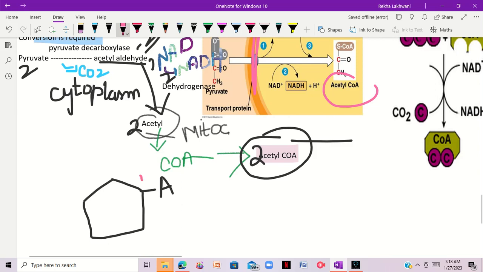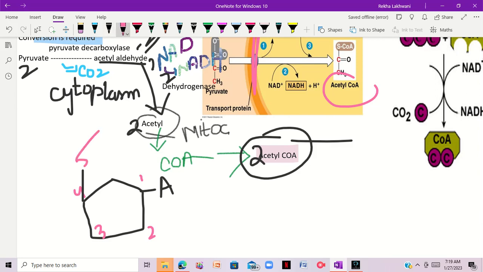Carbon number 1, carbon number 2, carbon number 3, carbon number 4 over here, and here we have carbon number 5.